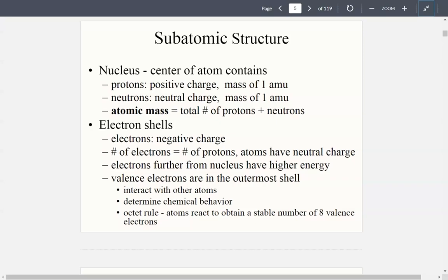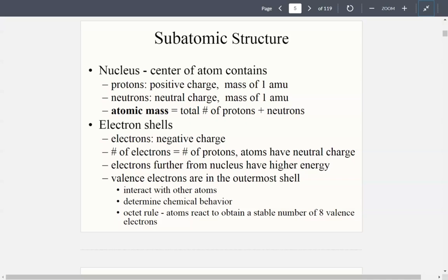So if I have 11 protons, I will have 11 electrons. And they're arranged in such a manner that the first ring will have 2, and then every ring around that will have up to 8. So in my example of 11 electrons, we'd have a ring with 2, and then a ring with 8, and then a ring with 1.